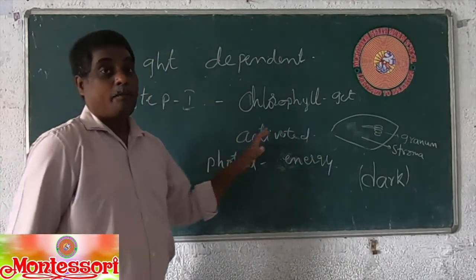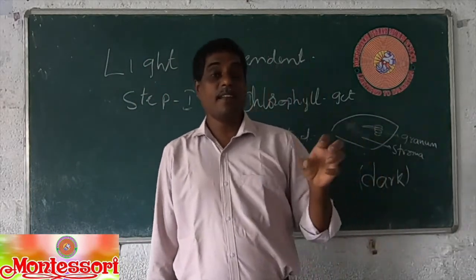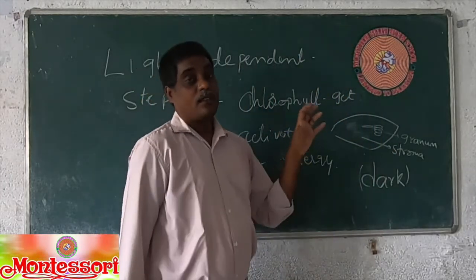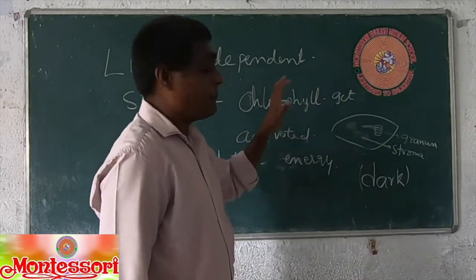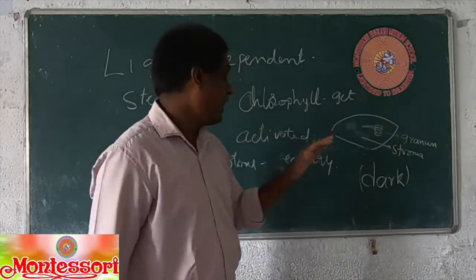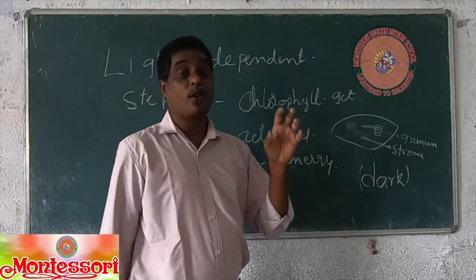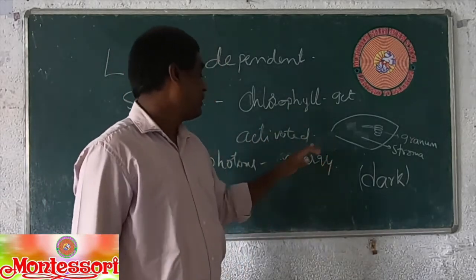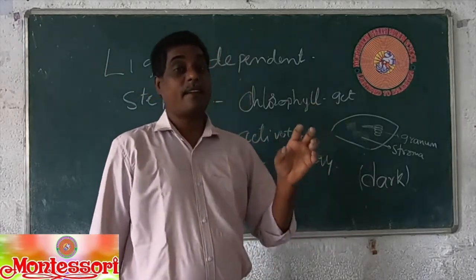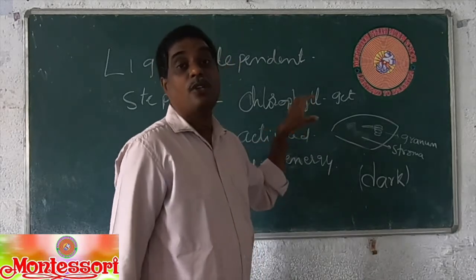Whenever the chlorophyll absorbs the light energy from sunlight, the energy is in the form of photons, which are the smallest units of this energy. Even very small particles are capable of initiating the process of photosynthesis.